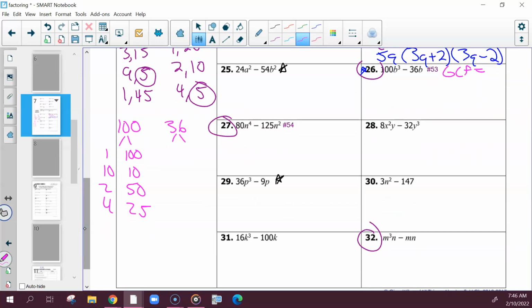One more, I think. I believe that is all. 1, 2, 4, 5, and that is all.